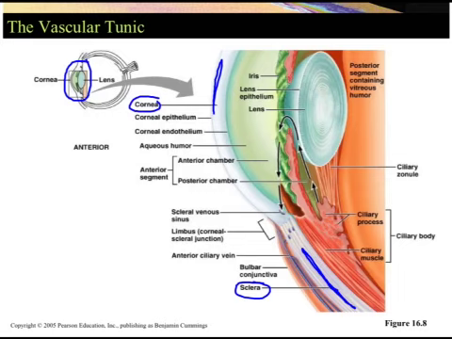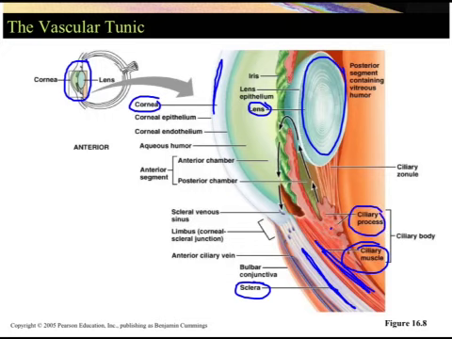Now moving inward, we see the ciliary muscle all down here, and the ciliary processes connecting the ciliary muscle to the lens, and the lens is this thing, and it can change shape. So again, the ciliary processes and the ciliary muscle all make up the ciliary body, and the ciliary zonule connects it.